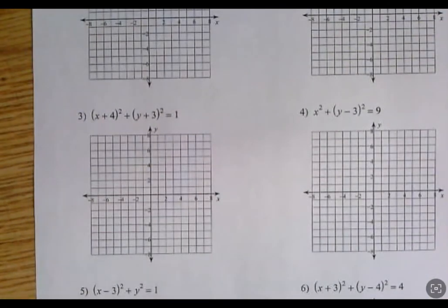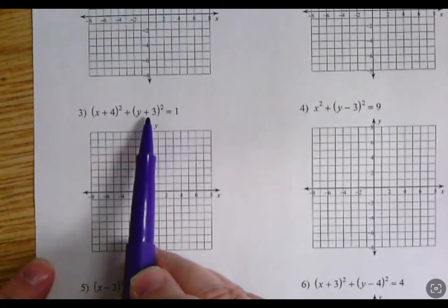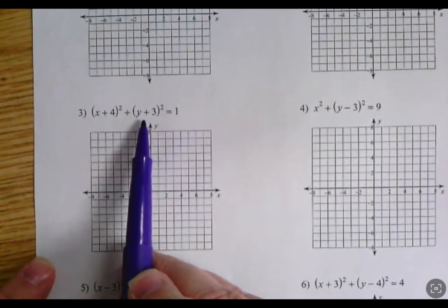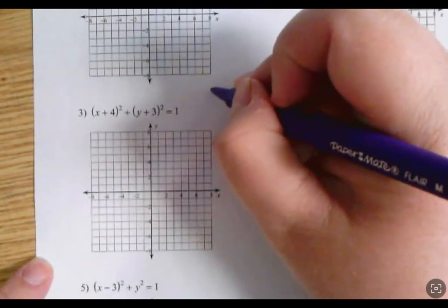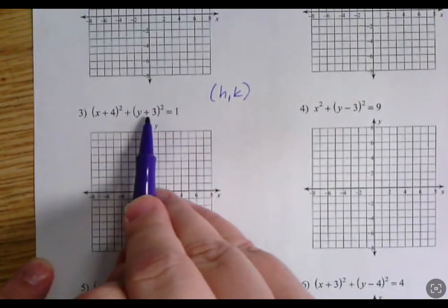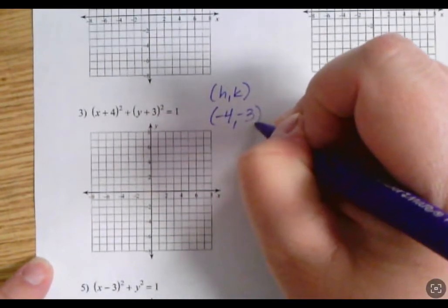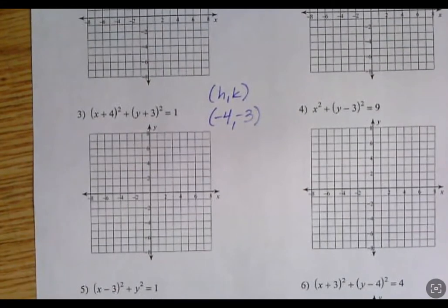Let's look at number 3 here. If I see pluses here, that's really like saying that my h and k were negatives and the minus and negative turned to plus. So in other words, my h and k here are negative 4 and negative 3. And this marker is unfortunately dying.